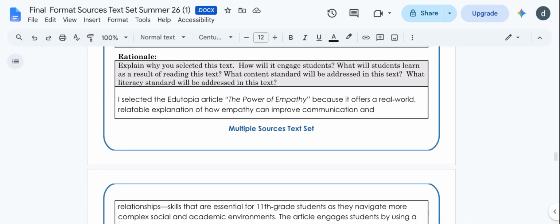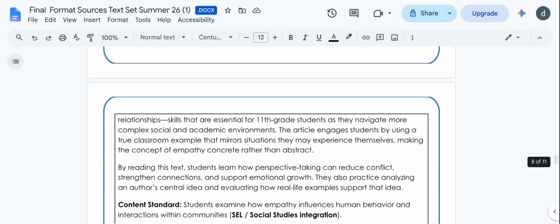I selected this article because The Power of Empathy offers a real-world, relatable explanation of how empathy can improve communication and relationships. By reading this text, students learn how perspective taking can reduce conflict, strengthen connection, and support emotional growth.